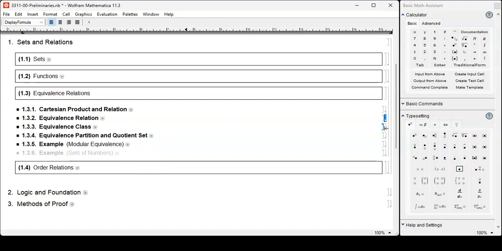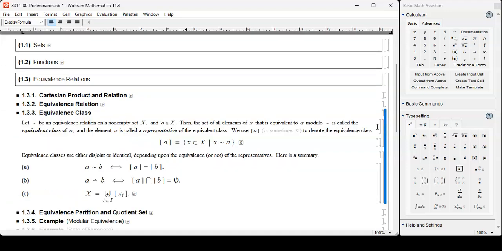If you have an equivalence relation, you can define an equivalence class, the set of all x that are related to a. Here, a is called a representative, and the same equivalence class may have different representatives. In that case, those two representatives are actually related to each other, and those equivalence classes must be identical. If those representatives are not related, then they're disjoint.